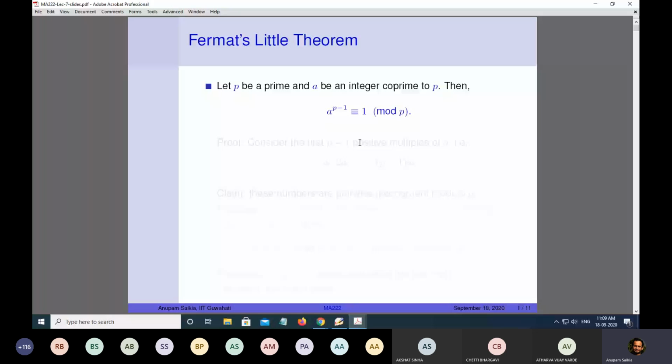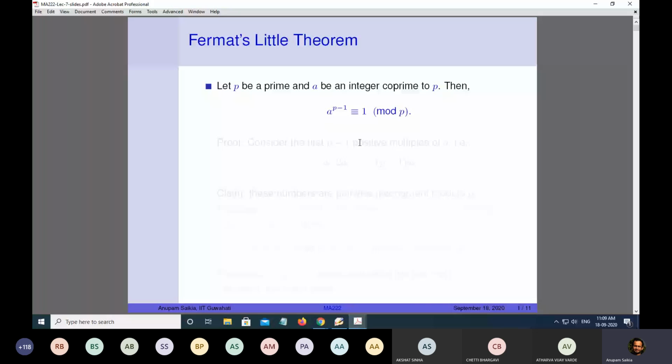So it's like 1 times 1 times 5. So you can clearly see that 5 to the power 5 is congruent to 5 mod 6, and it's not 1 mod 6. So certainly we have to modify the statement for composite numbers. But for prime numbers, it certainly holds.